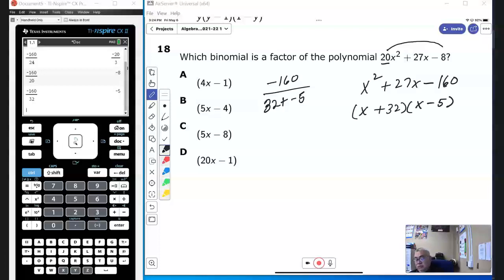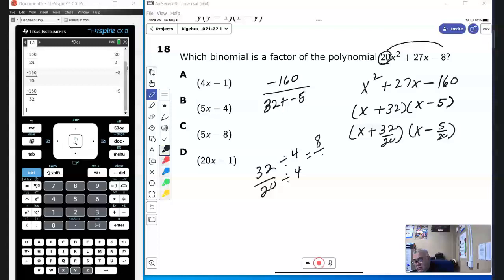Now, originally we took out the 20, so you have x plus 32 over 20, and you have x minus 5 over 20. What I recommend you do is simplify 32 over 20. They have a common factor of 4, so it's going to be 8 over 5.